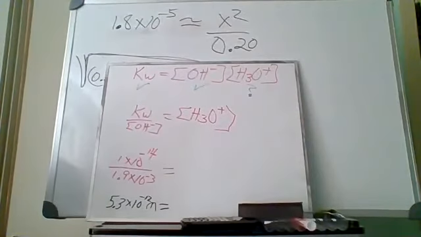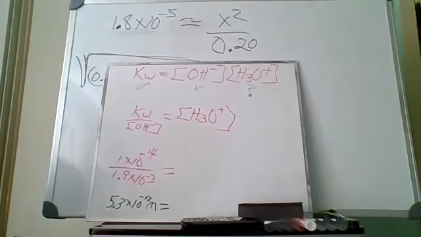Well, let's see. If it's a strong base, when you put the strong base into water, there's none of it left, because it will all react with the water. That's the definition of a strong base or a strong acid. Remember, a strong acid, you put it into water, it completely ionizes or dissociates.